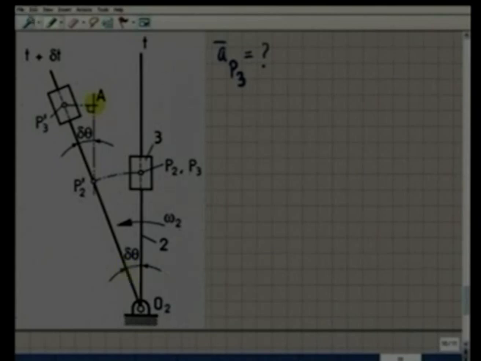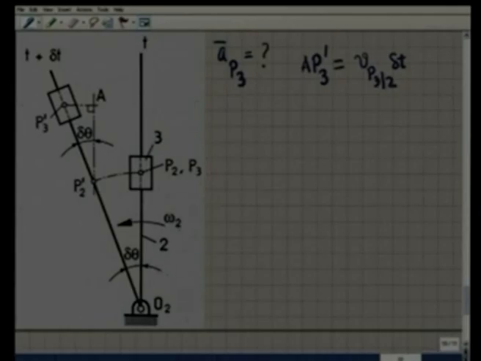Let us calculate what that is. As we see, during this time delta t, the rotation of this rod number 2 is delta theta, and this distance P2 prime to P3 prime is the movement of the block 3 along the rod, which is the velocity with which it is moving on the rod, Vp32, into delta t. During time delta t, it is moving with the velocity Vp32.